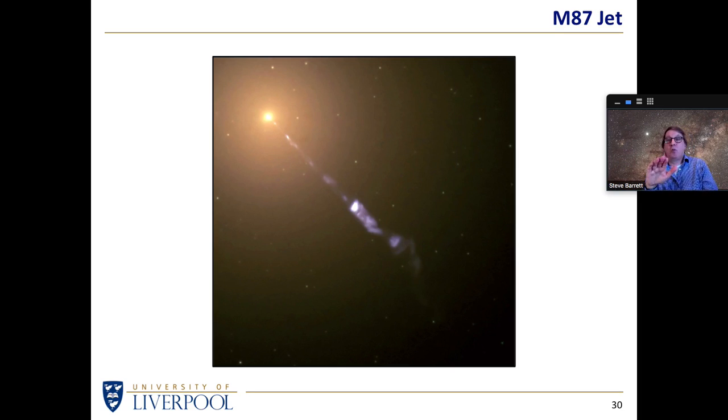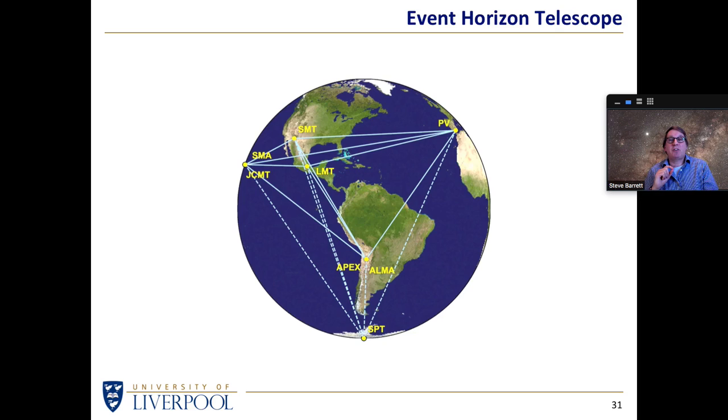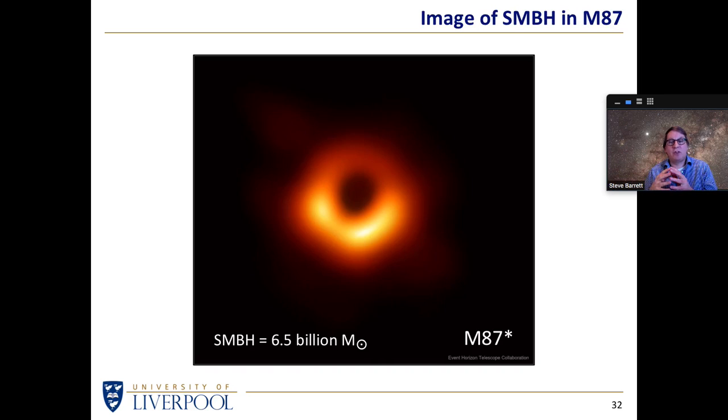But in terms of what we think is powering that jet, well, the Event Horizon Telescope of a few years back coupled together radio telescopes from around the world to try and get the largest baseline by combining the outputs of these various telescopes, all looking at the same object. They looked at the heart of M87 as well as the heart of the Milky Way galaxy, and by looking at the heart of the M87 galaxy using all of these telescopes together, they managed to get this image.